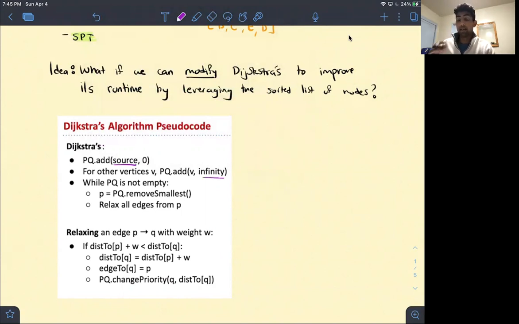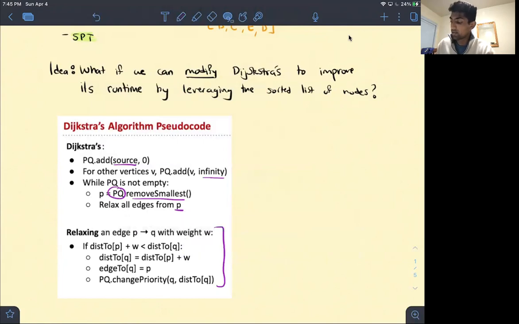Then iteratively, we keep taking the smallest vertex from the priority queue, then we relax all the edges from that vertex. Relaxing really just means that we look at all the neighbors of a given vertex, and we ask ourselves, have we found a better path to any neighbor?